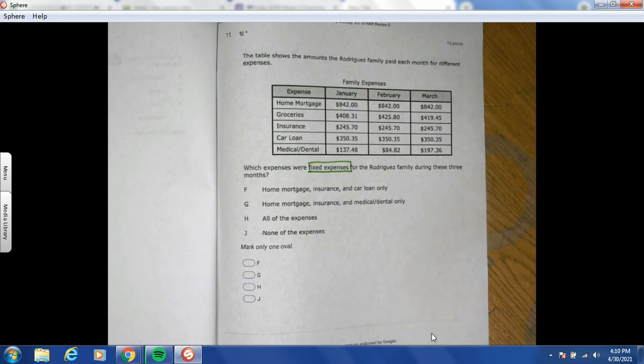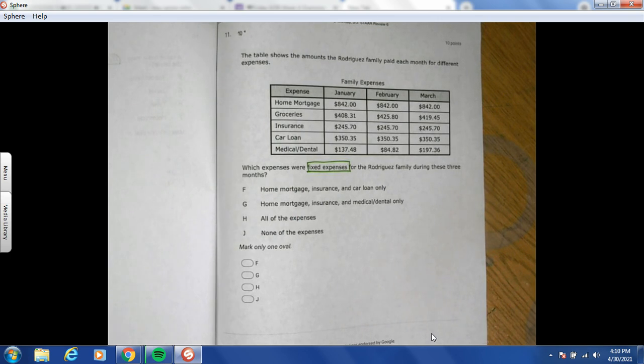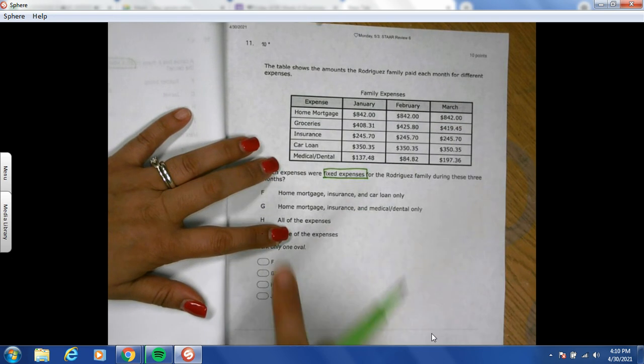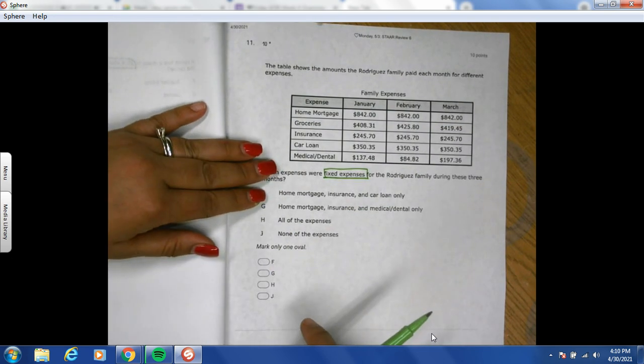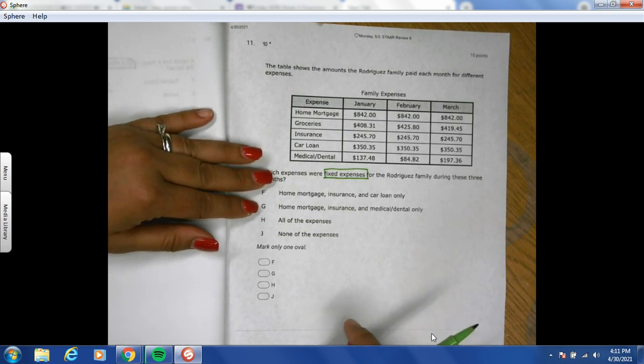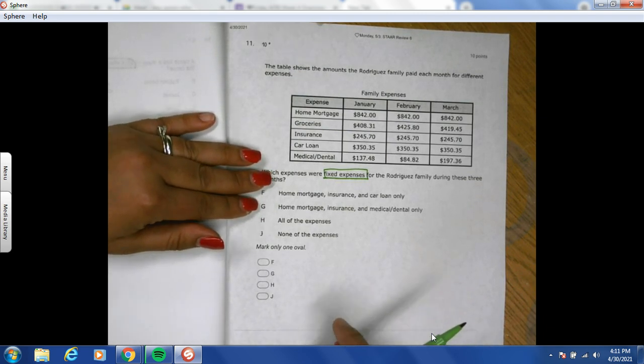Gastos fijos nunca cambian. Fixed expenses never change. So you need to look at the table. Tienen que ver la tabla and look for those fixed expenses. Tienen que ver la tabla y buscar esos gastos fijos. Circle all those fixed expenses. Circulen todos esos gastos fijos.